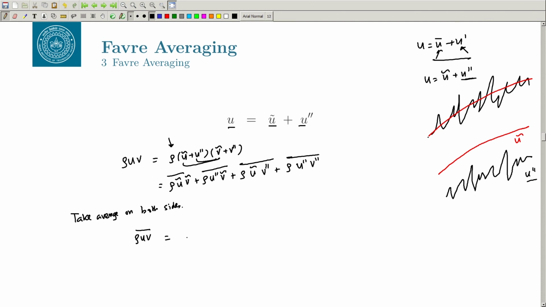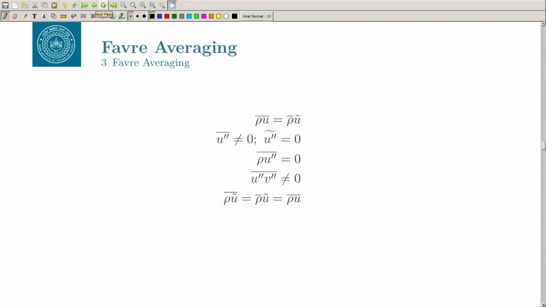We have basically rho u tilde v tilde bar plus rho u double prime v tilde bar plus rho u tilde v double prime bar and plus rho u double prime v double prime bar, right. Now, let us look at some of the properties of the Favre averaging.